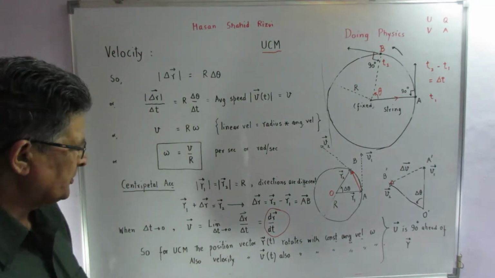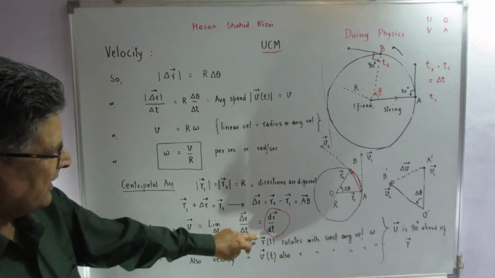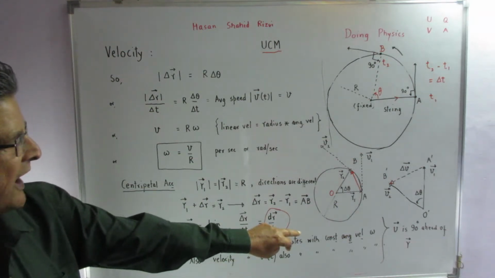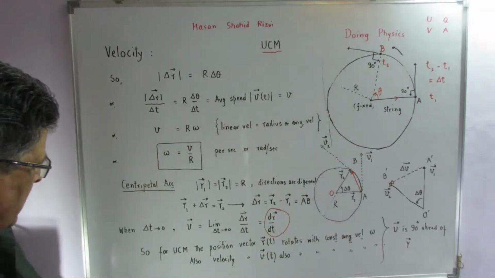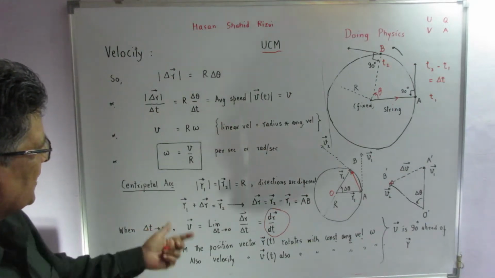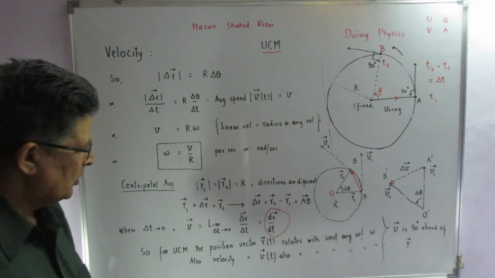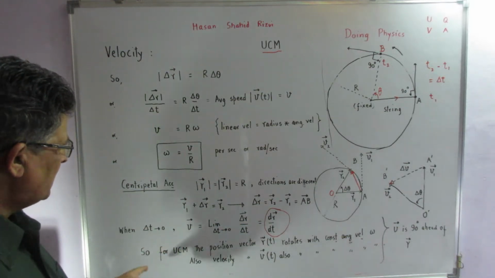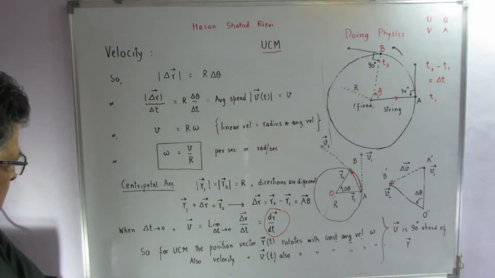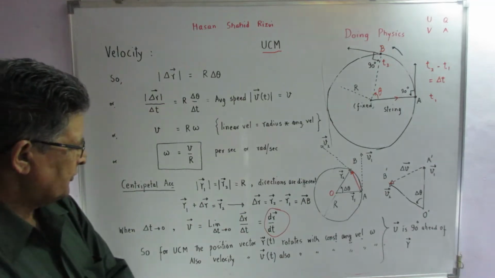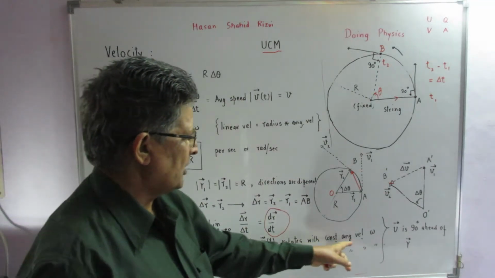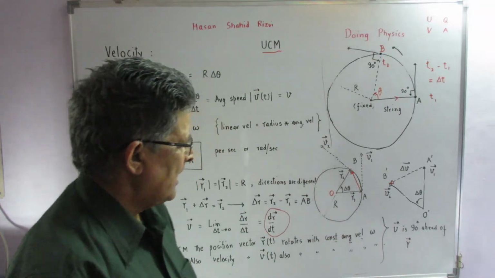So for UCM, the position vector r(t) rotates with a constant angular velocity omega, and so does the velocity vector, continually with the same frequency, the angular velocity omega.